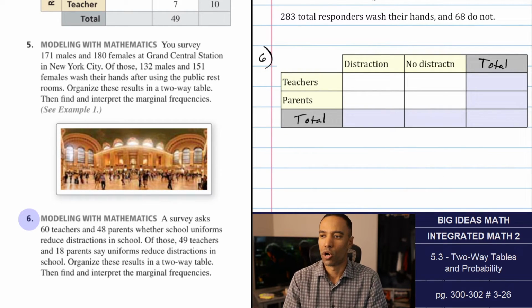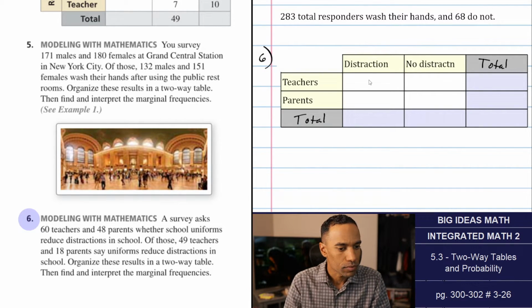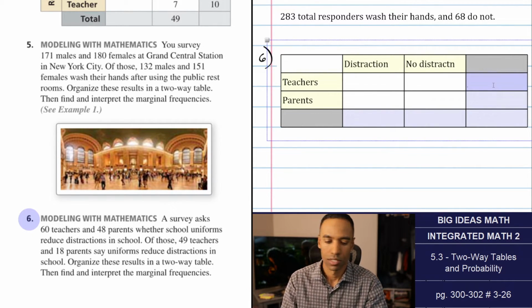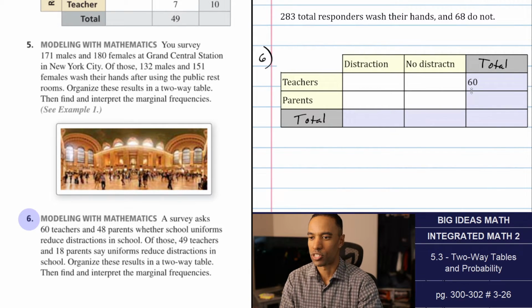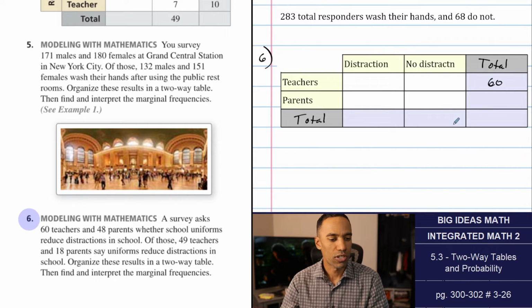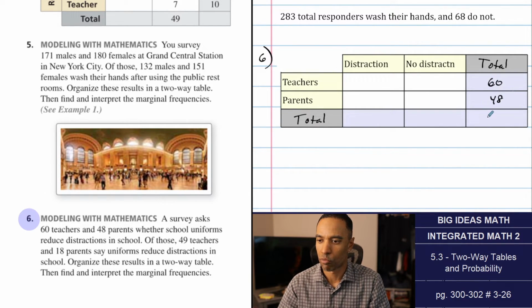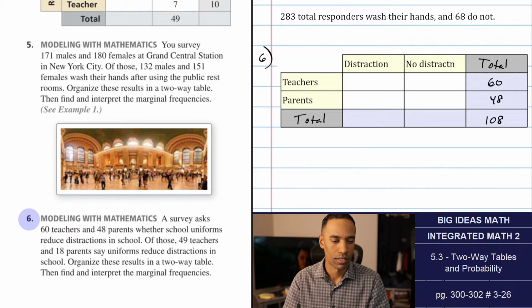Okay, so I'm just kind of making what I want to get. So what do we have? 60 teachers. I feel like I have to center all these. I'll write these in. I'll do writing from here on out. 60 teachers and 48 parents is a total of 108 individuals.